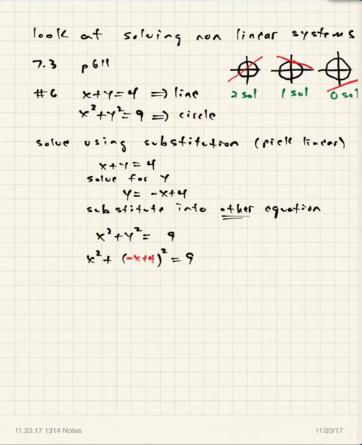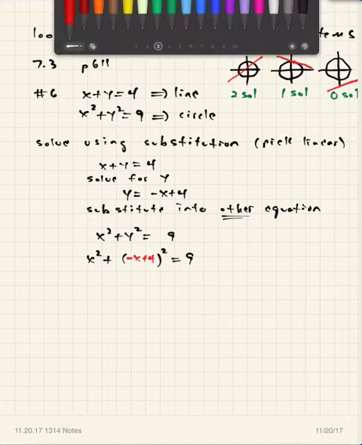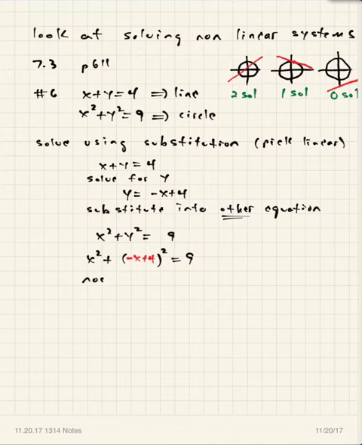And so now notice you've got an equation that involves only one variable. Only x's are in this problem now. And so now solve for x. So I have x squared plus, and you've got to square out negative x plus 4. And remember, that's negative x plus 4 times negative x plus 4 if you have trouble with that.